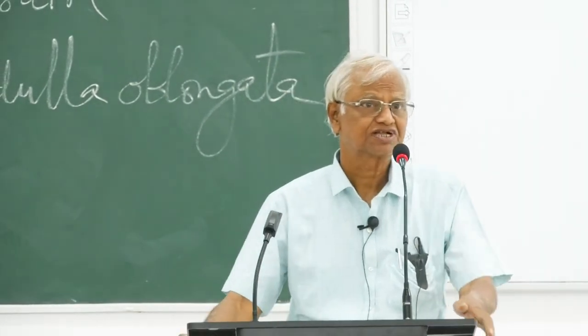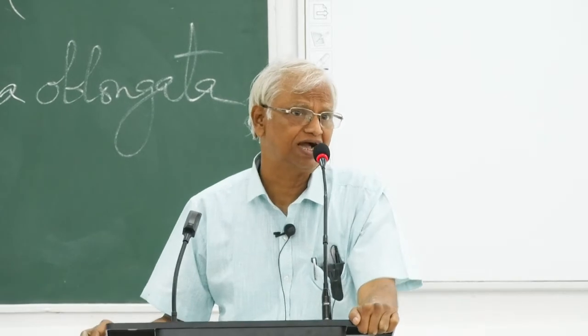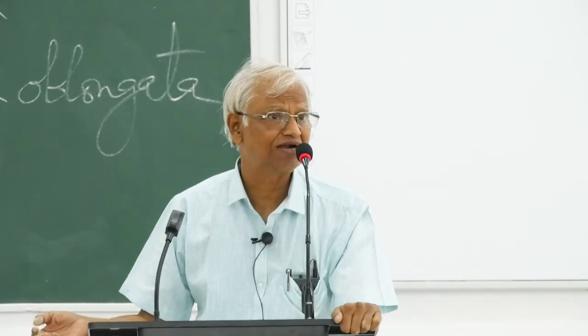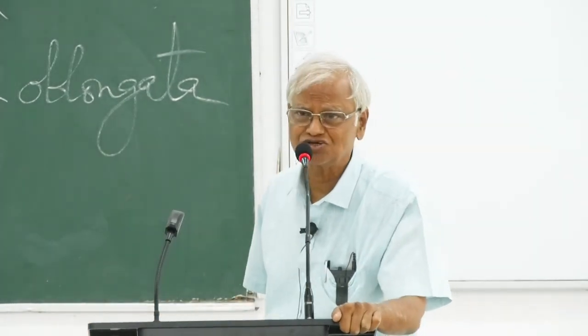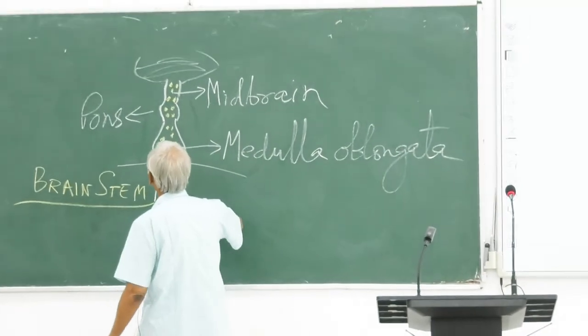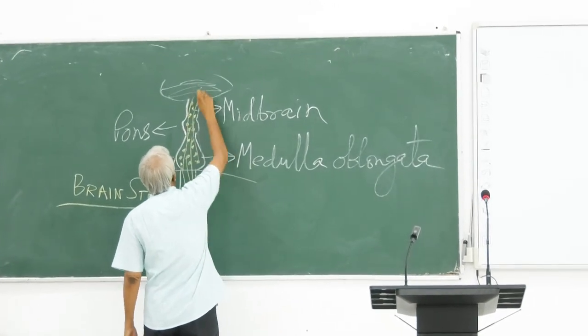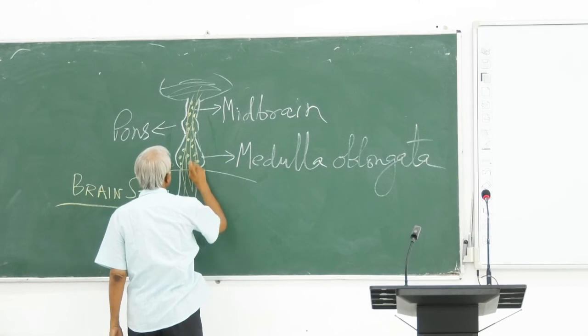So this is the reticular formation, and because there are nuclei, there must be fibers also, axons and dendrons, both going up and coming down.